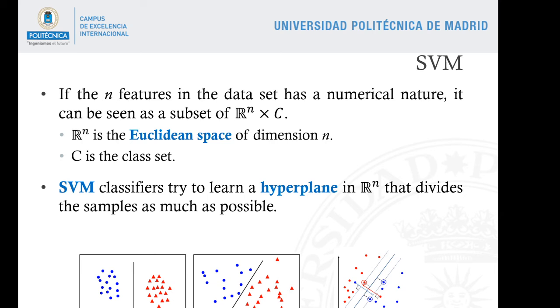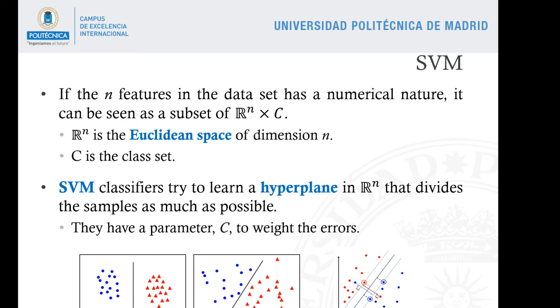Sometimes this is not possible. Well, actually, in real applications it is always not possible. We will have some samples which cannot be correctly classified. The SVM classifiers can still cope with that. They treat those cases as errors, and they can learn a good hyperplane.